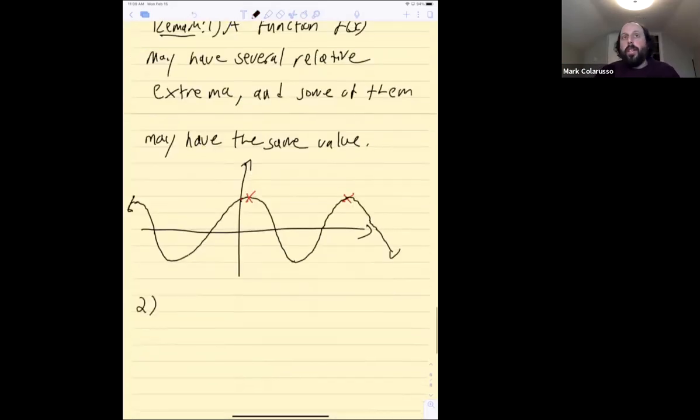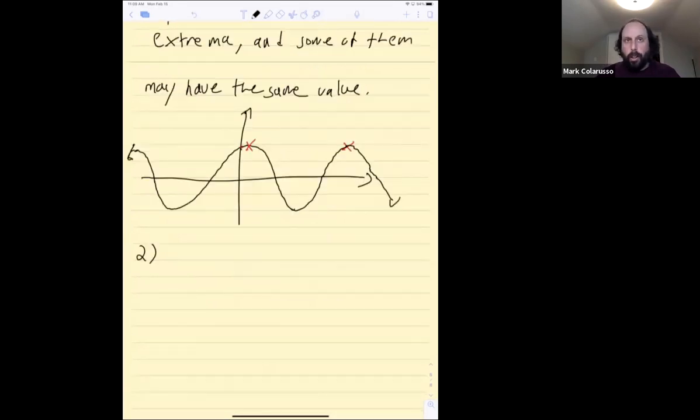The second thing to be aware of is the following, which is not explained very well at all in the PDF, the white paper. Okay, so let me say the following.